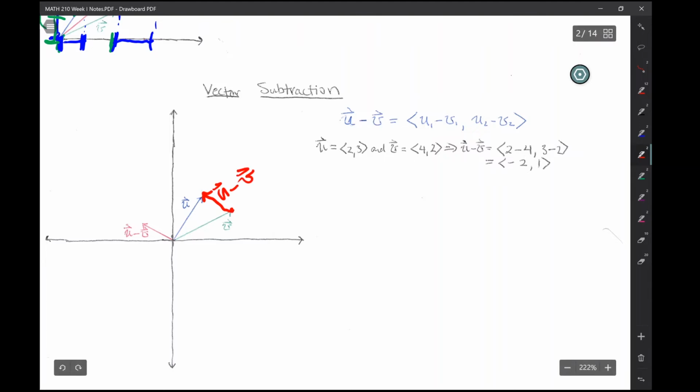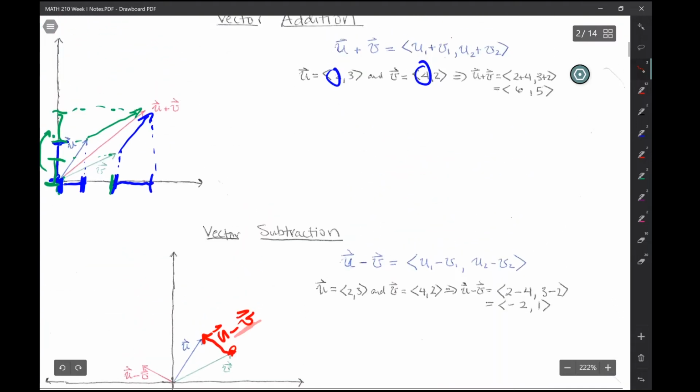You put the tail at the end of v, and you put the end of u minus v, the red vector that I just drew, at the end of u. Okay? So it's important which one is being subtracted from which, because if we had v minus u, then this vector here would have been flipped in a different direction. So if we had v minus u, it would have been in that direction.